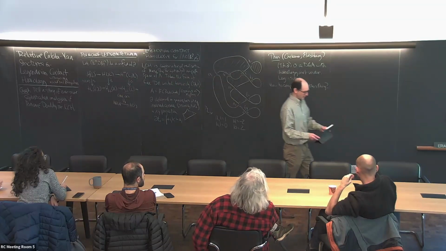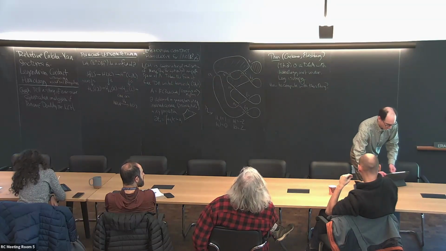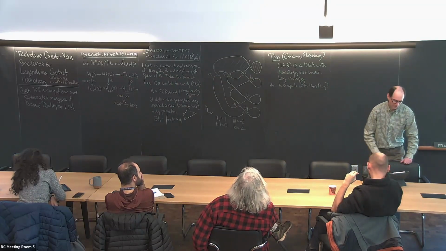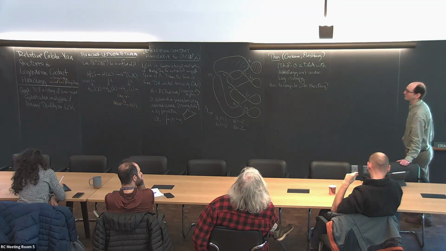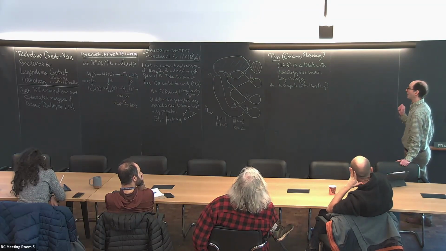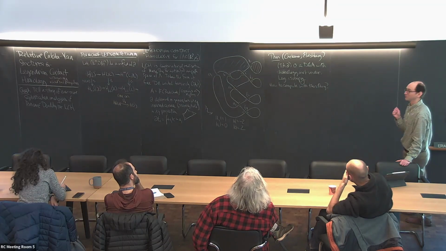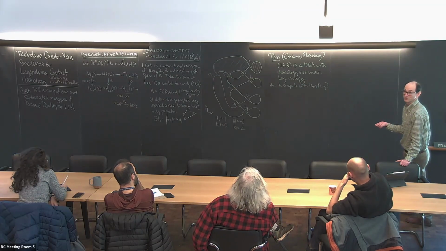Okay, so how do we compute this thing? Well, if you don't understand the algebra, there are two perspectives. One perspective is that if you don't understand a nonlinear algebra, you can look at its representations.